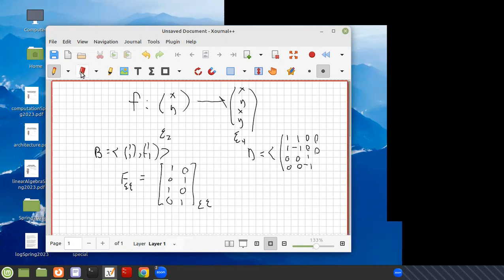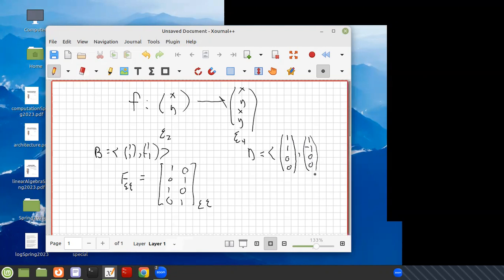Well, let's choose this. Okay, I'm not drawing a matrix, I'm doing basis elements, so I need to put parentheses in here.